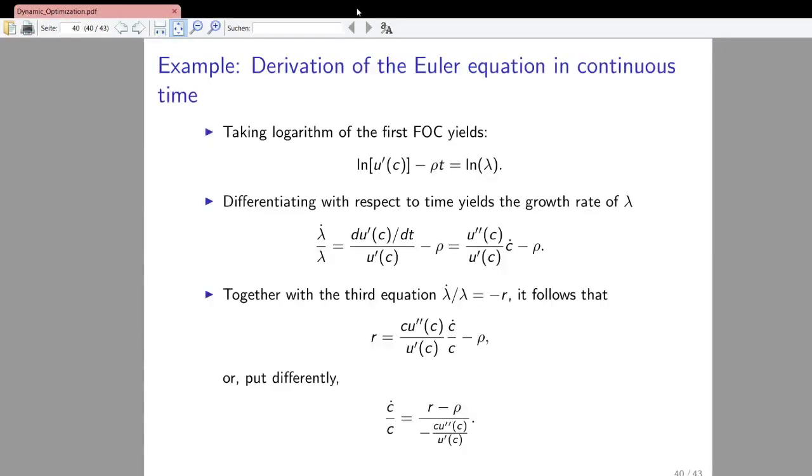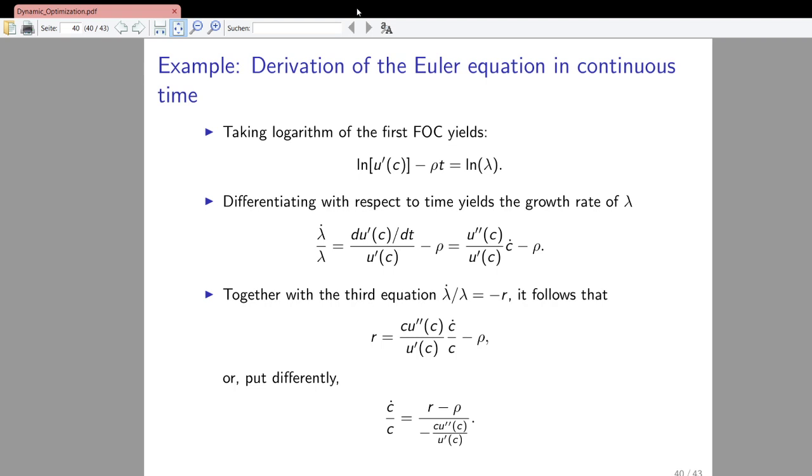Now, from the first-order conditions on the previous slide, we basically get a solution system in two dynamic equations, namely the state equation for assets and the co-state equation for lambda. So these two variables appear with their derivative with respect to time. Consumption, the control variable, does not yet appear as a derivative with respect to time.